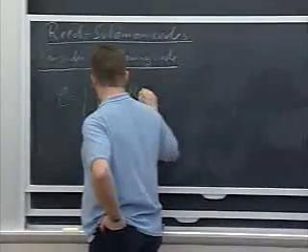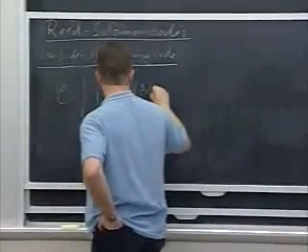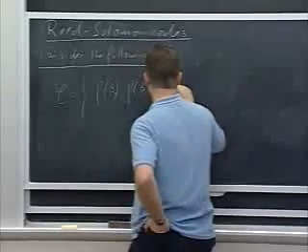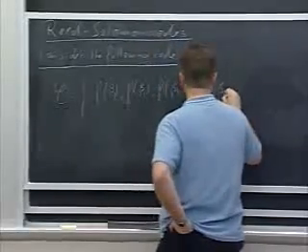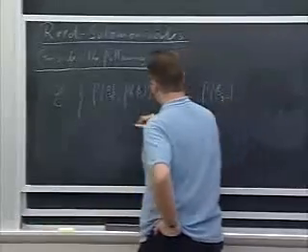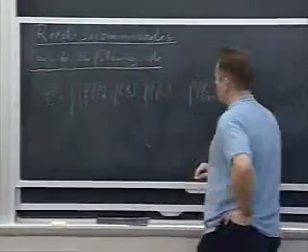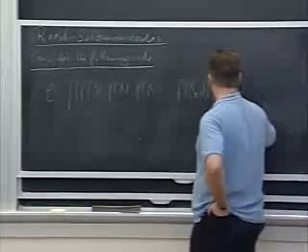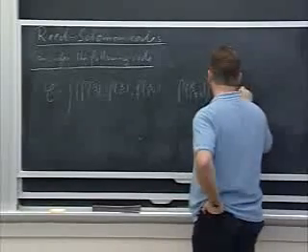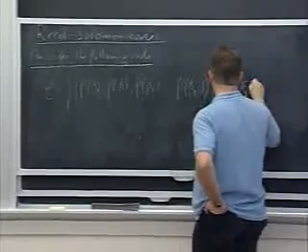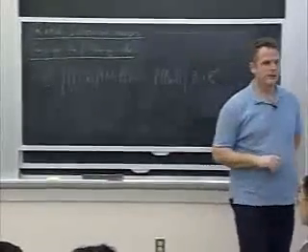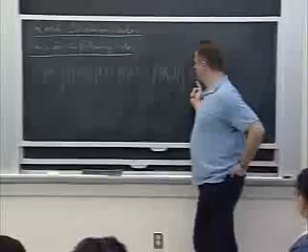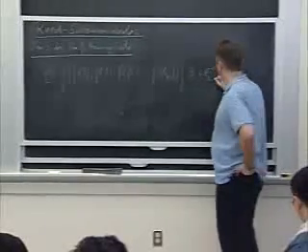Beta 0 through Beta Q minus 1. The beta i are the distinct elements in a finite field.